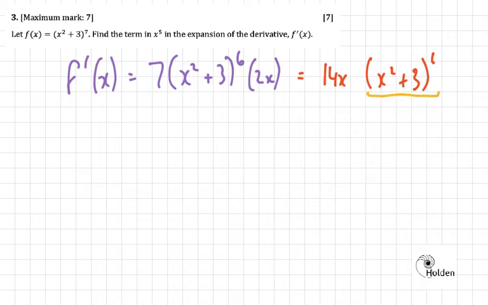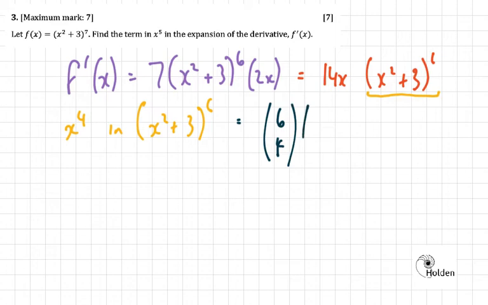Because we've got this 14x, I'm only interested in the expansion of this bit to get an x to the 4, because I need to times it by 14x at the end. So I want x to the 4 from (x squared plus 3) to the 6. That's the bit that we're actually interested in. So that's going to lead us to 6 choose r, (x squared) to the 6 minus r, 3 to the r.